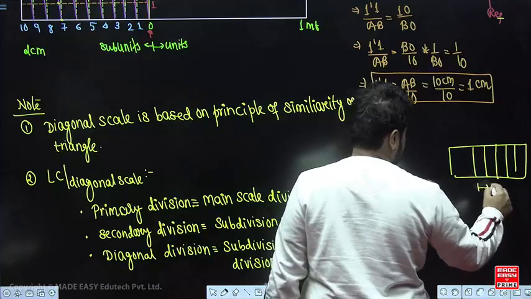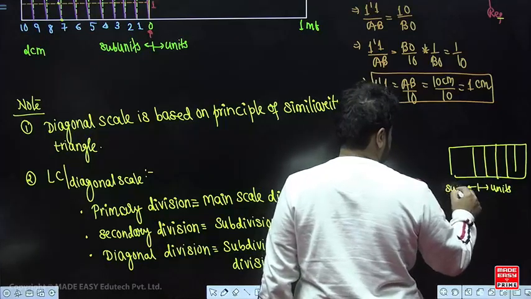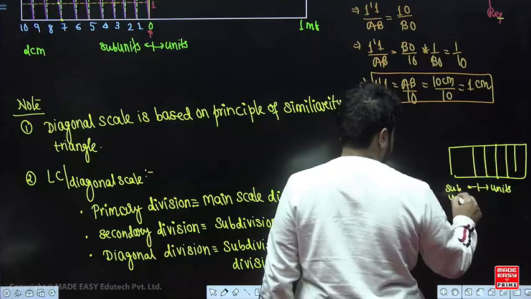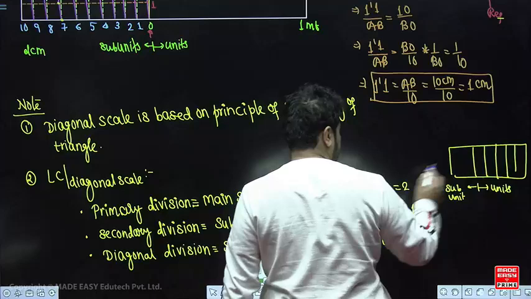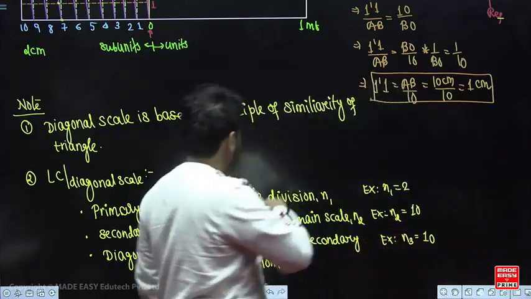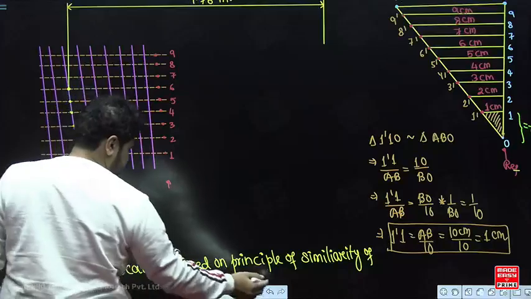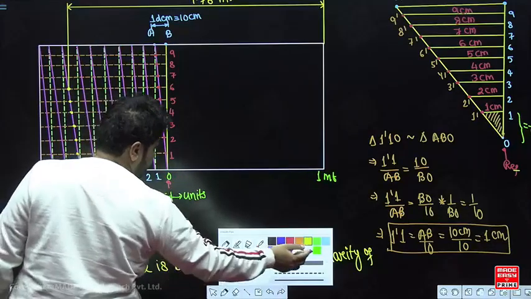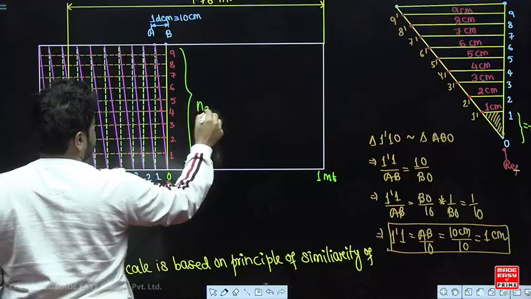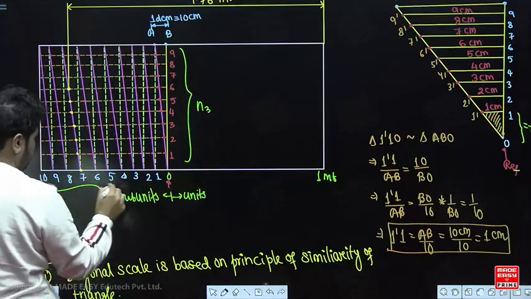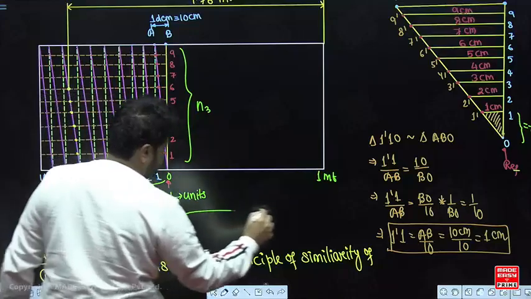So what I want to say is, suppose these are the divisions. Here these are the units, this is the subunit. If I can show you here, this whole thing is your N3, this whole thing is your N2, and this whole thing is your N1.